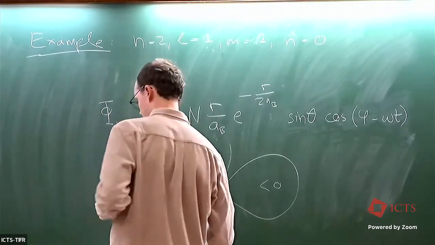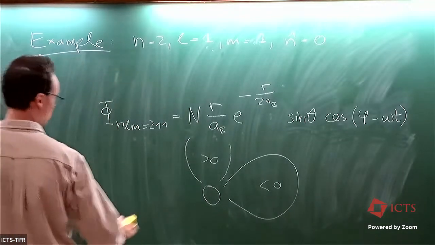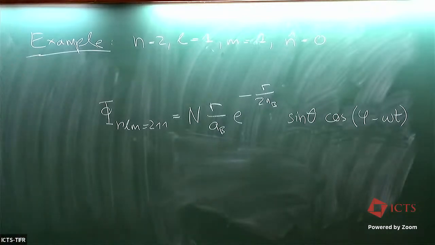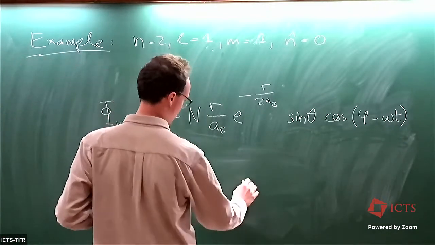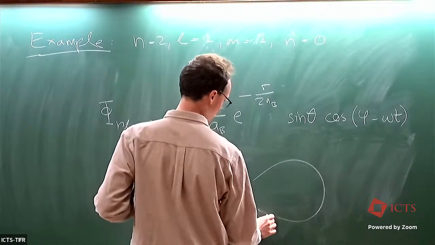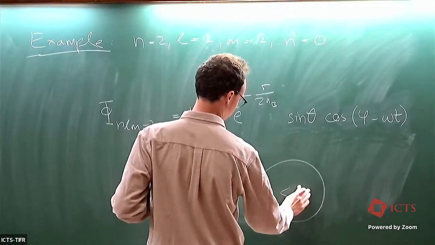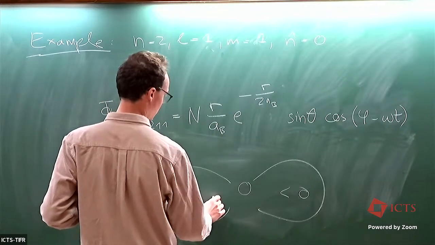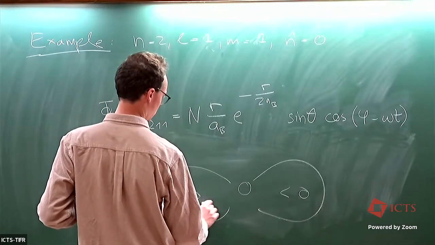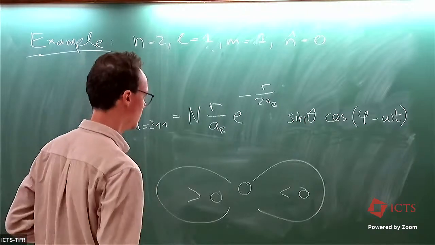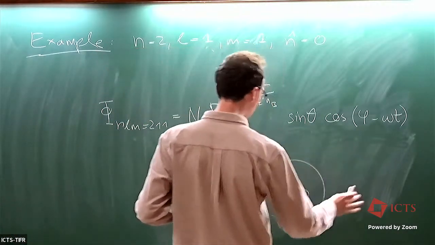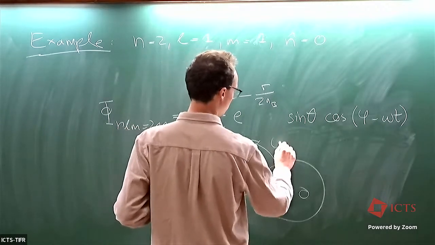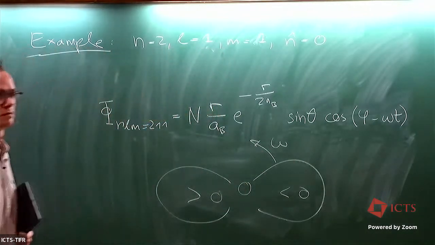It's not m equals 1. So it's basically negative on one side and positive on the other side, basically just a cosine. And on top of that, this structure then rotates around the black hole with frequency omega.